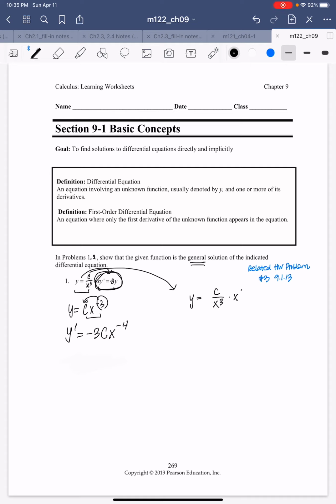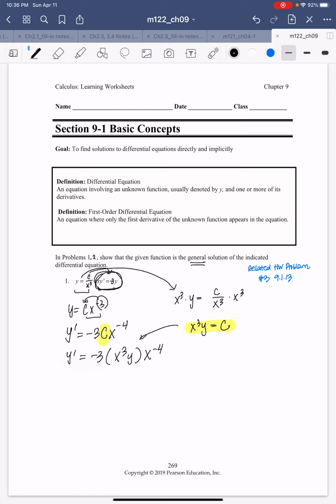Now if I multiply by x cubed, I'm going to have x cubed y equals c. So I'm going to do that substitution. Wherever I see the c, I'm going to replace it by x cubed y. Let's keep going. So y prime is negative 3 times x cubed y times x to the negative 4. So this is where that substitution means solution.